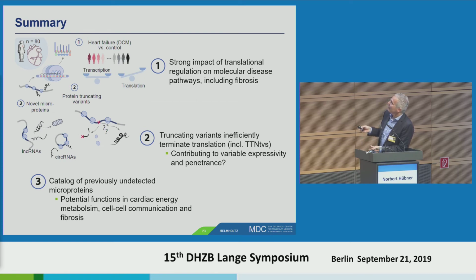We can look at truncating variants and show that they often inefficiently terminate translation and may be contributing to the variability in disease phenotype. And we have cataloged a previously undetected number of proteins with potential functions in cardiac energy metabolism and cell-cell communications.